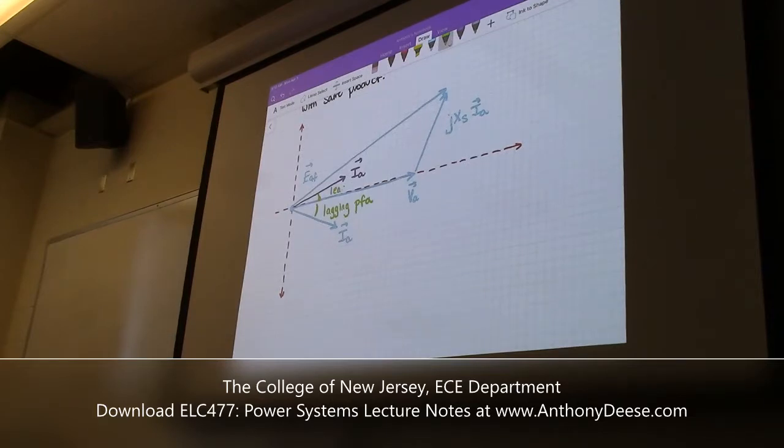Running out of room a little bit, but IA is leading, which will then cause our jXS vector to point in the other direction, and now our EAF will do this. Obviously this point right here would represent the unity power factor.